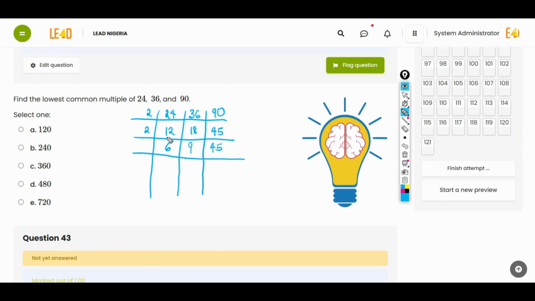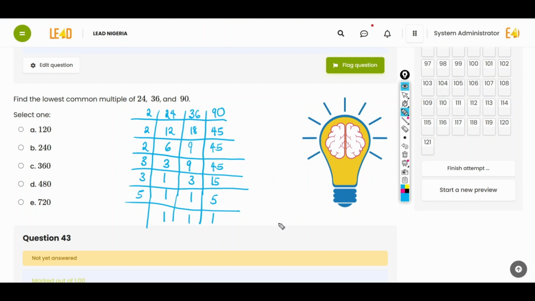We can work with 2 again. We'll have 3, 9, 45. Now we'll move to 3, 1, 3, 15. We can work with 3 again. 1, 1, 5. And then finally, we can work with 5. We'll have 1, 1, 1.